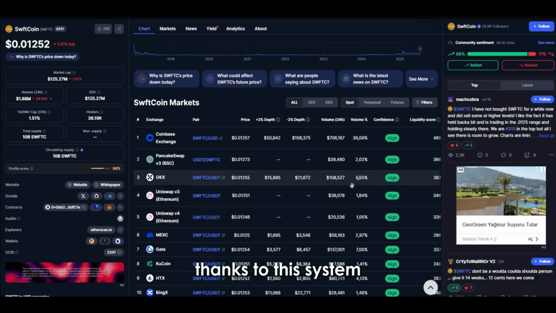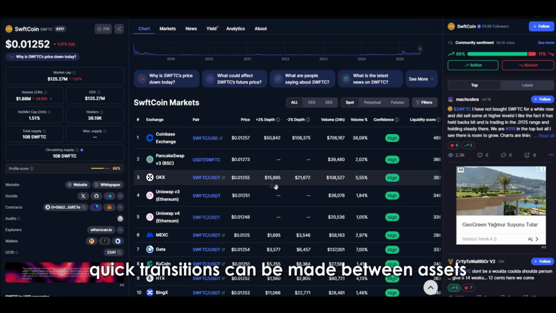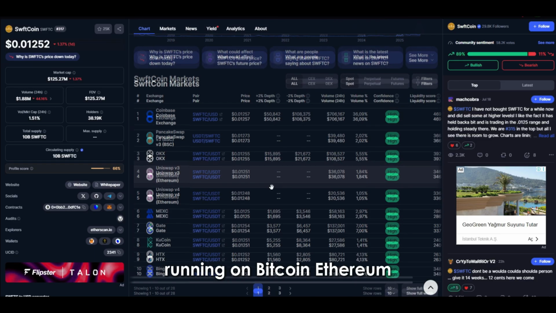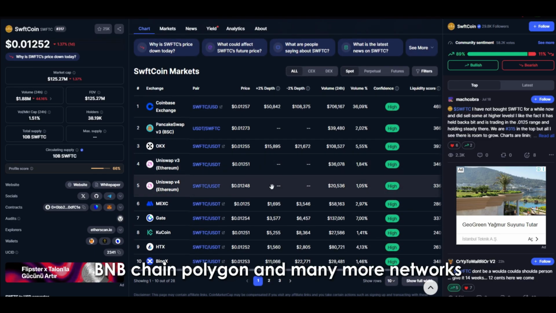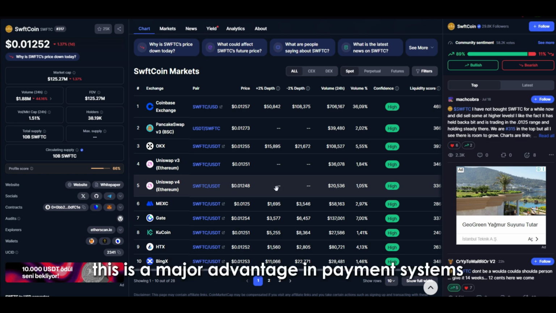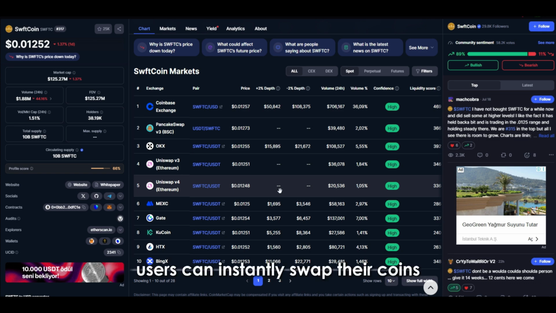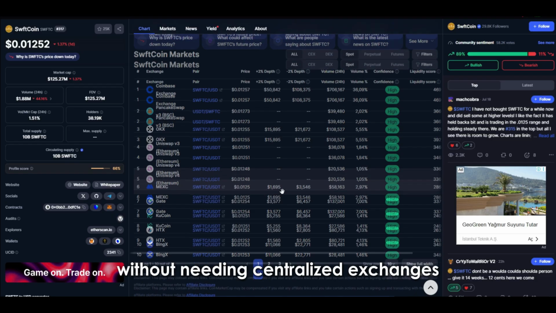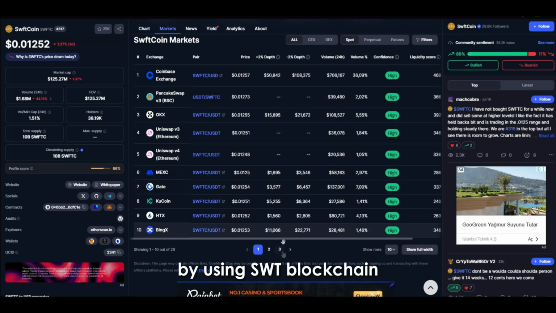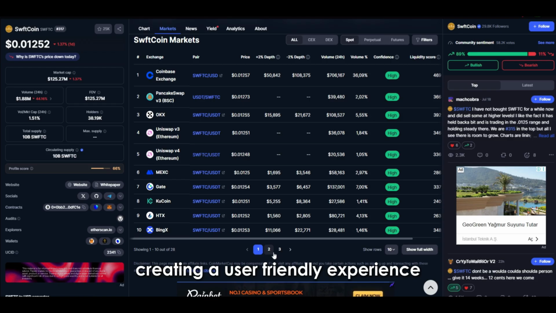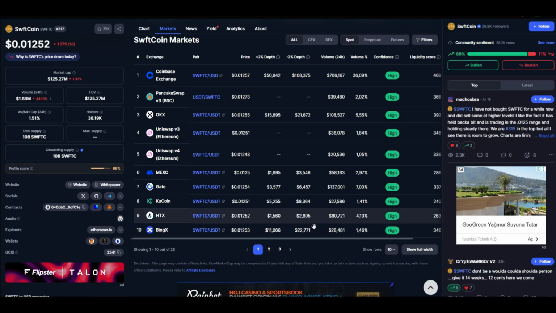Thanks to this system, quick transitions can be made between assets running on Bitcoin, Ethereum, BNB Chain, Polygon, and many more networks. This is a major advantage in payment systems. Users can instantly swap their coins without needing centralized exchanges by using SWT blockchain, creating a user-friendly experience.